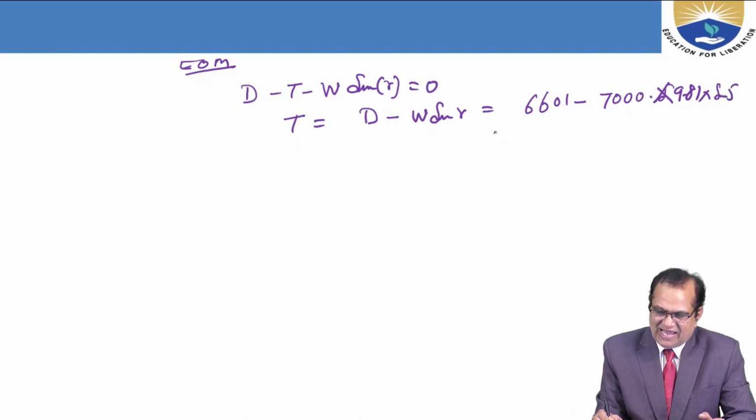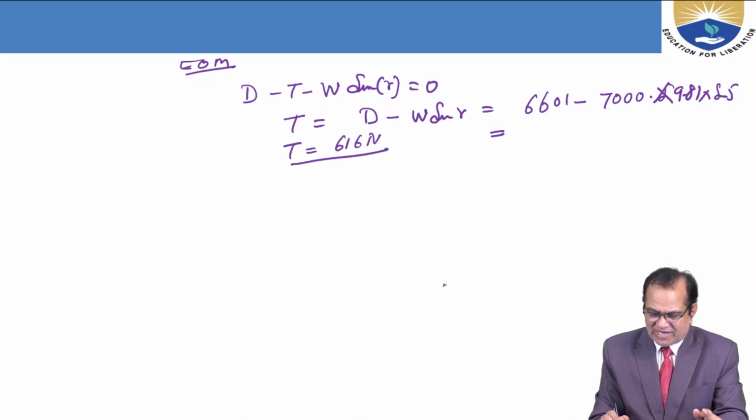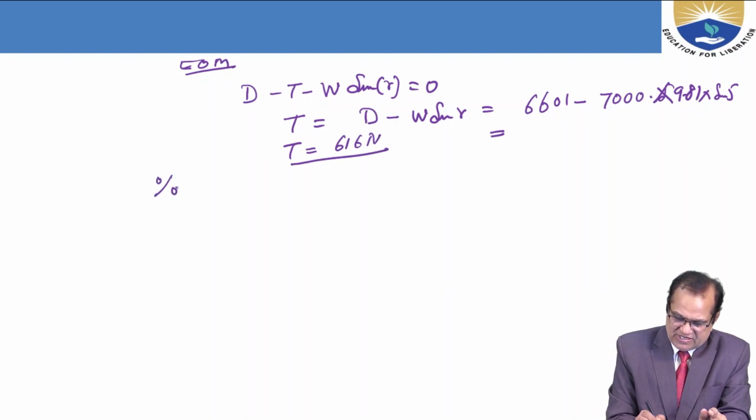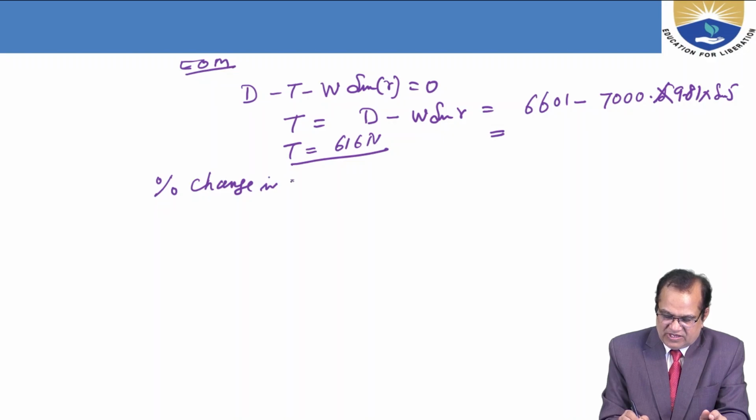So here we will get T is equal to 616 Newton. So now the percentage change in required thrust.